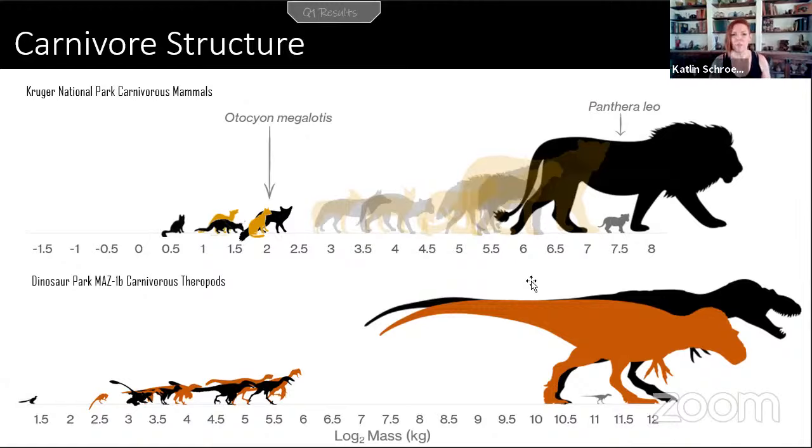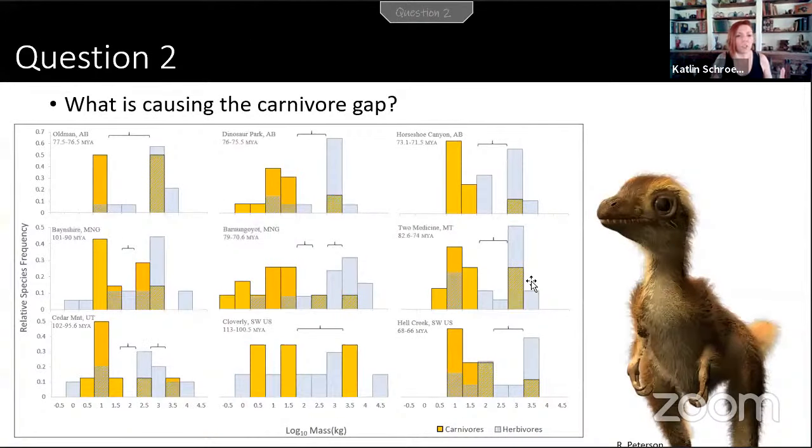We're actually talking about them because they could be changing the actual structure of the community around them. This brings us to question 2, right? What is causing this persistent gap in carnivore communities? We see it in a majority of the communities. There seems to be some kind of interaction with the megatheropods, but we're not entirely certain what that interaction is.